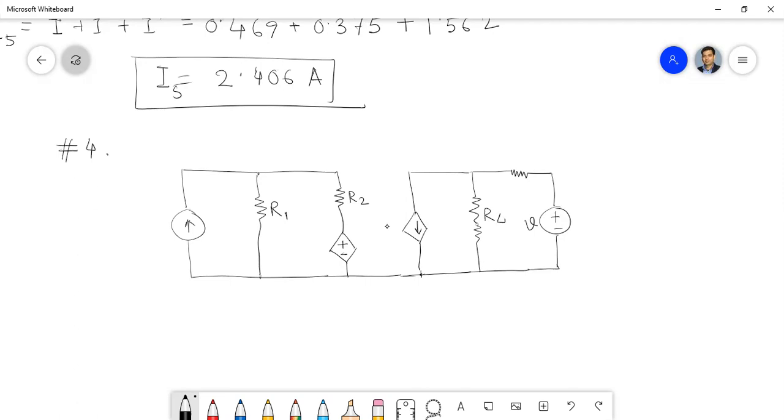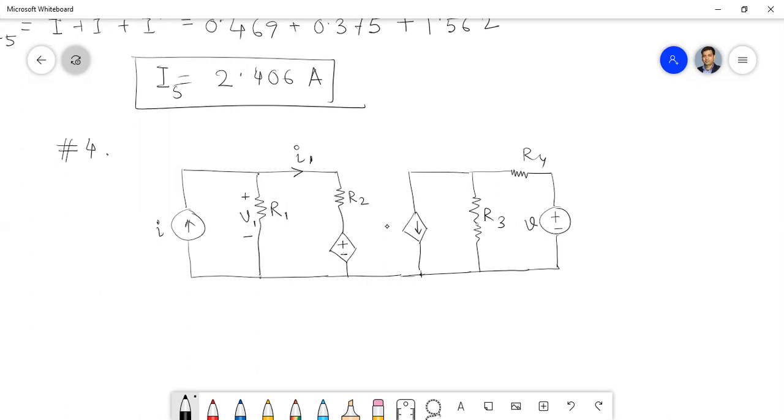So let us take R1, R2, this is R3, and this is R4. Now let us take this as V1. This is I. This is V and this is I. And the current through R2 is I1.